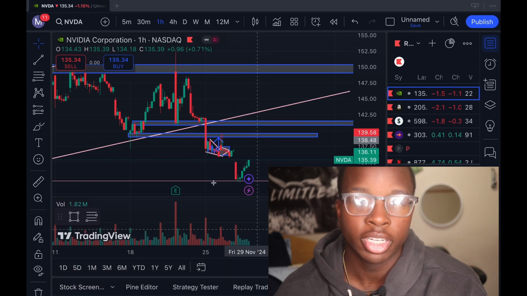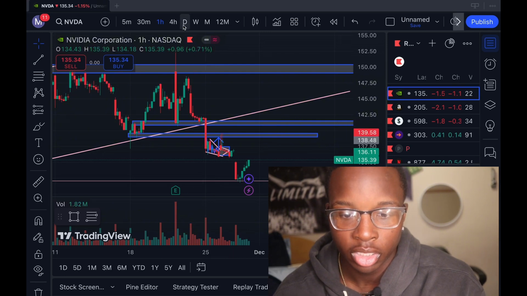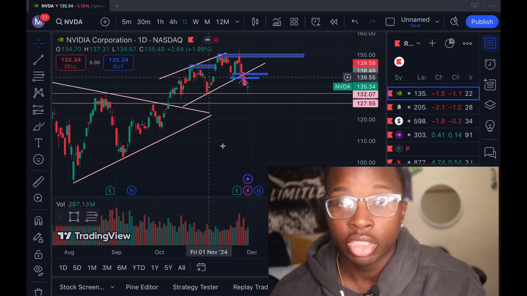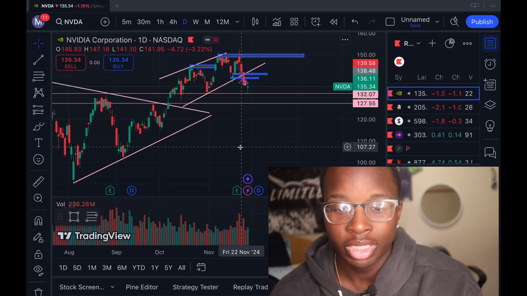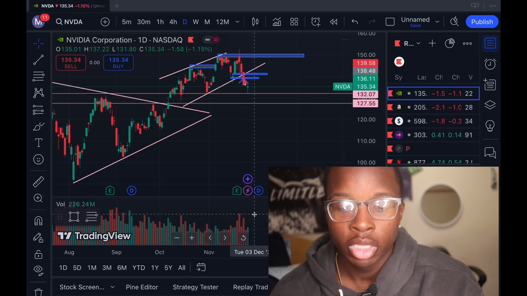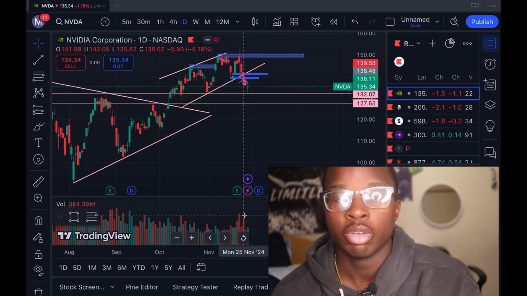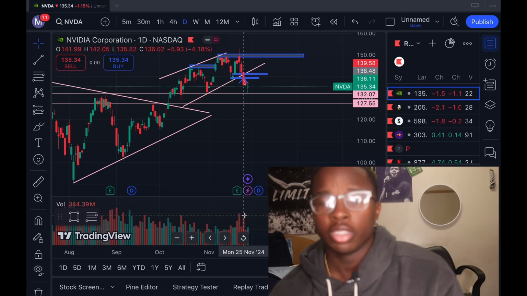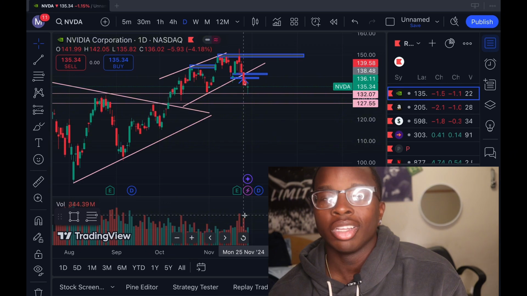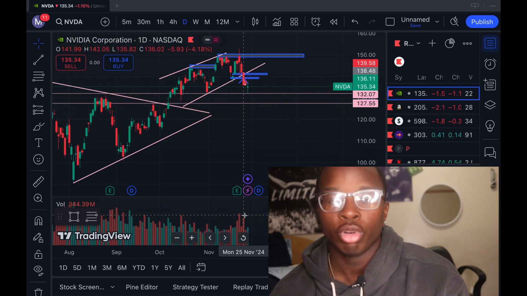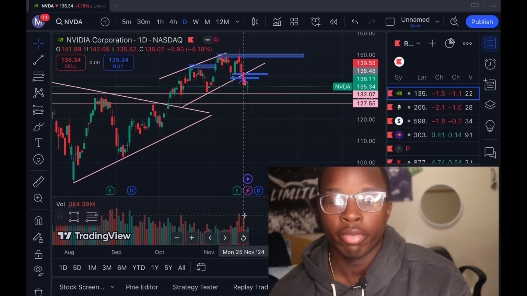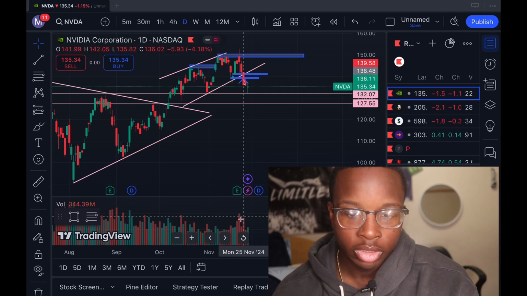My bad. Let me go back to the daily time frame, because I forgot to say one thing. Another reason I played this trade as a put, you feel me, is because I seen that the volume in this trade is highly bearish, you feel what I'm saying? Bearish volume is pretty much the sellers winning this trade. More people are selling than buying right now, and I know that because look at this volume candle right here.